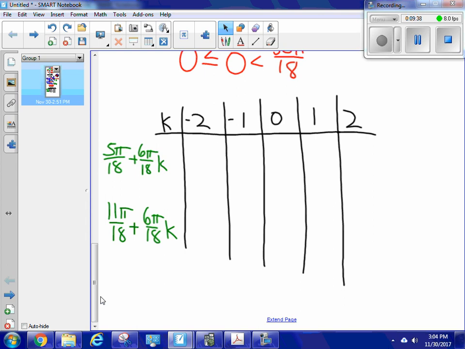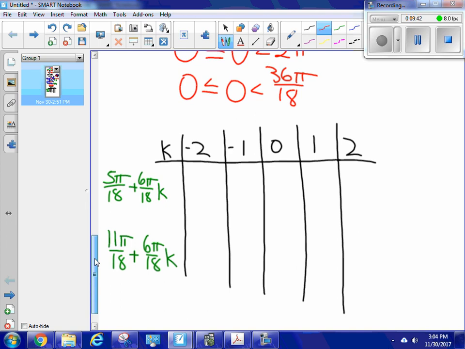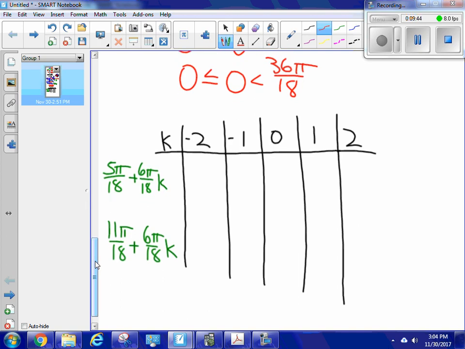Okay. Now I'm going to start testing k's. In other words, I want to find out what my answer is going to be with different values of k. So I'm going to start with -2, and since my k is right here, -2 times 6 pi is -12 pi, and -12 pi plus 5 pi gives me negative 7 pi, and it's all over 18. See, the nice thing about making the common denominator is it makes it a lot easier to do this problem.